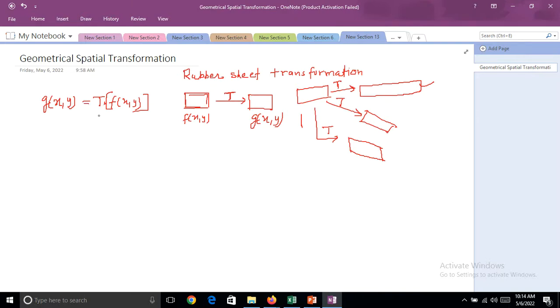Now we are talking about x,y, the coordinate of a particular pixel. Here you make it u,v. After applying the transform, the coordinate is shifted to another coordinate, that is u,v.